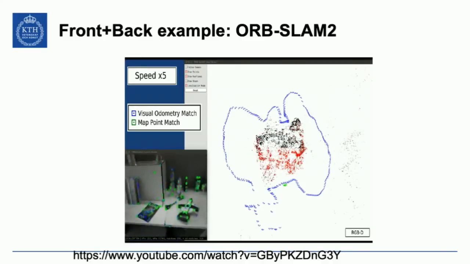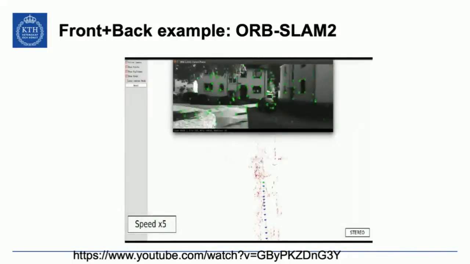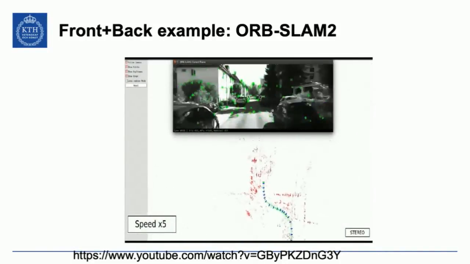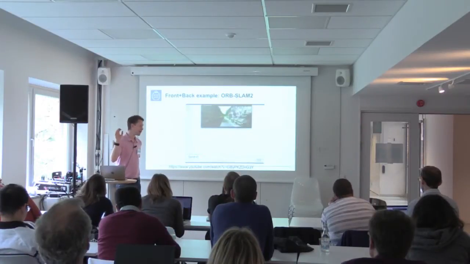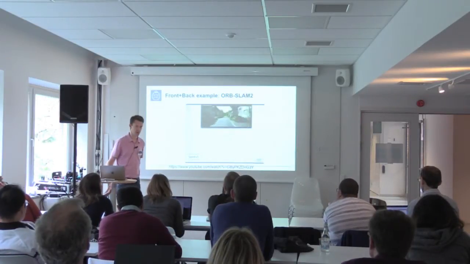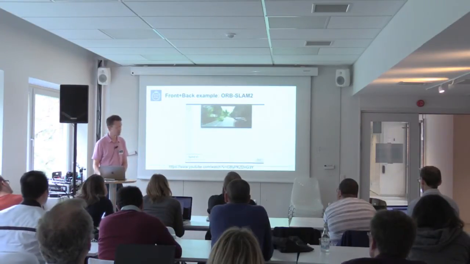So if you're Google or someone, you would typically go out with your cars, you would gather data from the environment, you would build a map that would allow you later to localize in the environment in a way that is much better than what is possible with GPS.